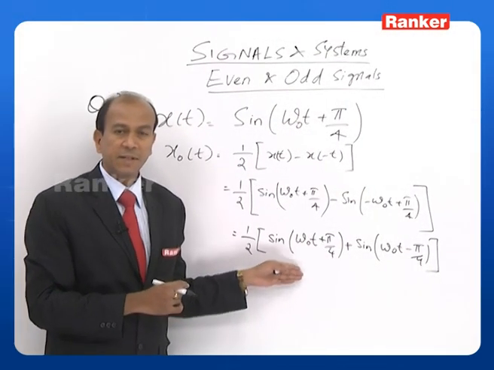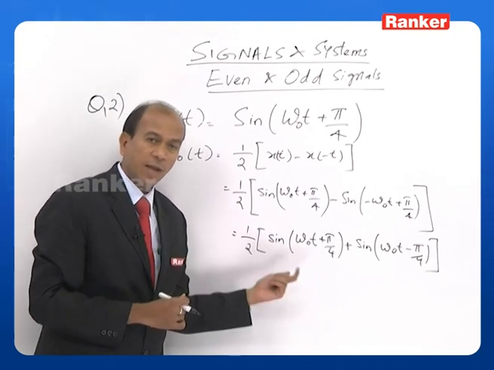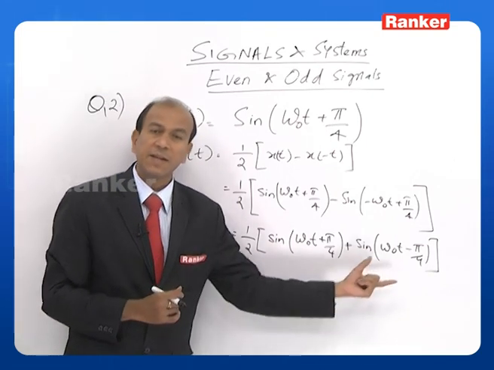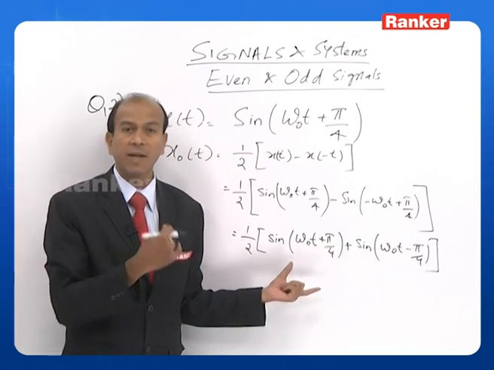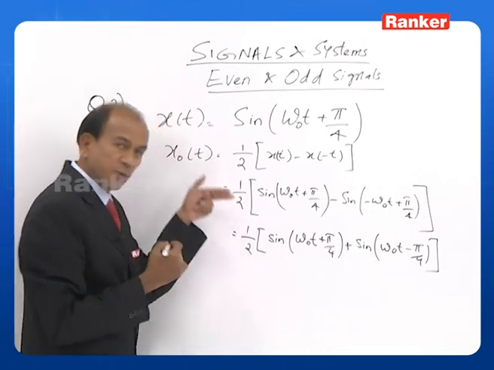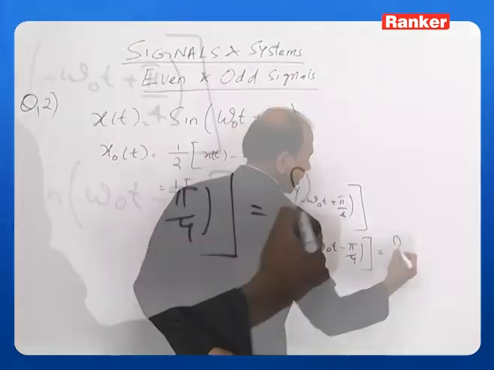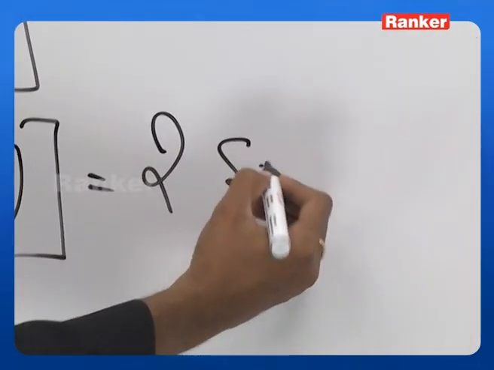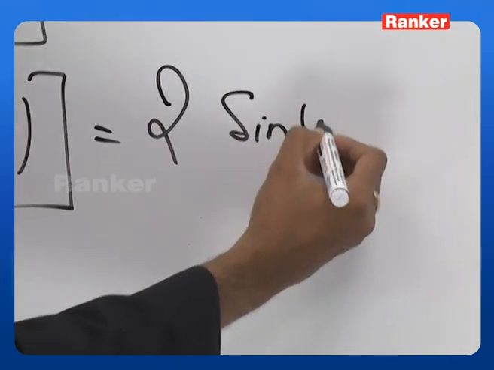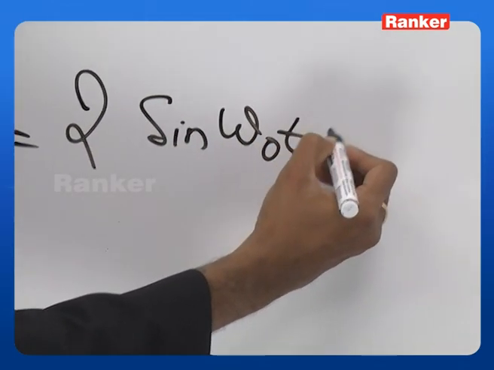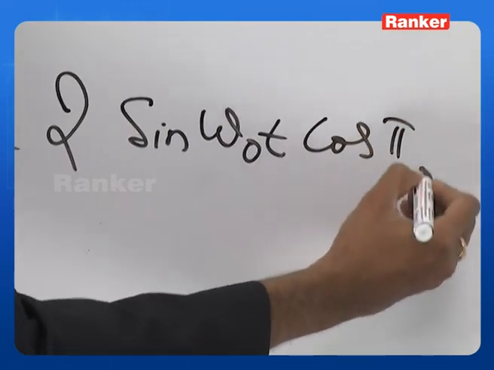Again, this represents the trigonometric notation, which is equal to sine of a plus b plus sine of a minus b. That will be equal to 2 sine a cos b. So, let us use that formula here and then write it here. So, this will become 2 sine omega naught t into cos pi by 4.